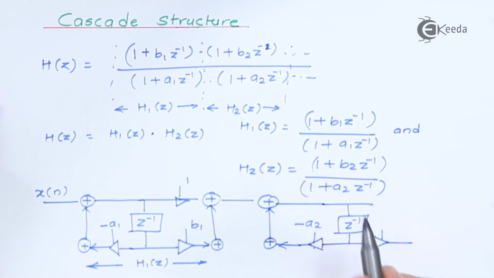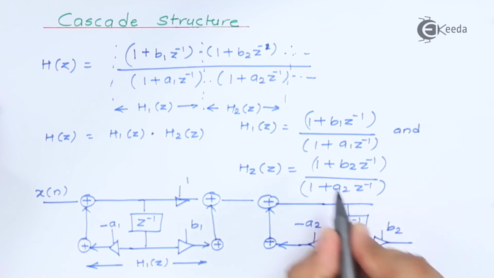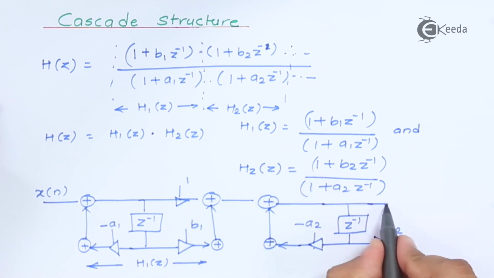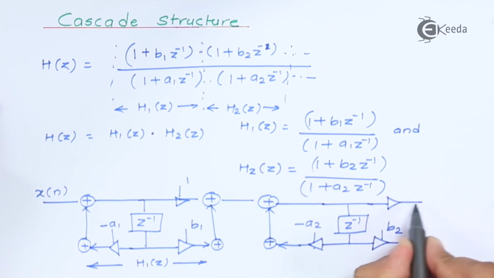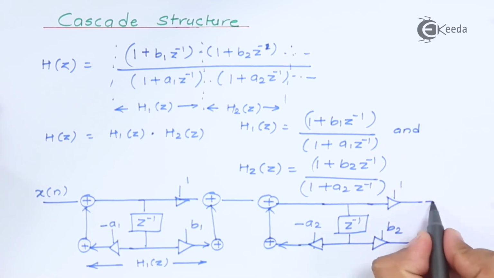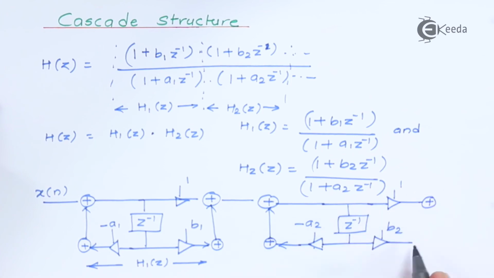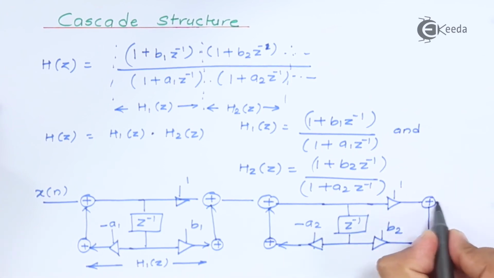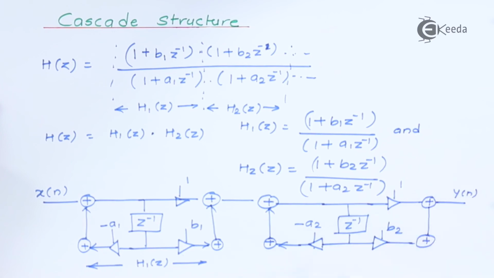Here we have value b2 and b0 value is 1 again. If you want then you can write, if not then you can neglect this buffer also. And at the end we have y(n), and this is our H2(z).